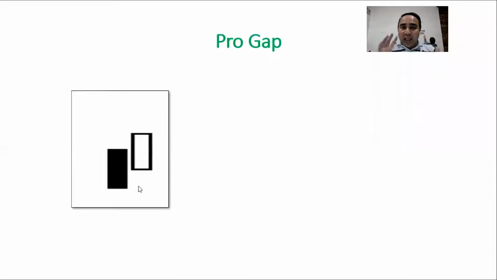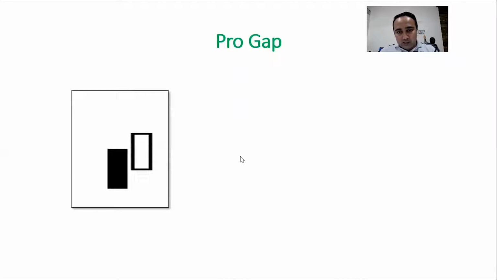Now there is no gap on the candlestick like the earlier one, like the Novice Gap, but there is a gap between the closing and the opening of the price, right? The closing is here and the opening is here. That means there's a gap between yesterday's close and today's open, but that gap cannot be seen, and that gap is called Pro Gap, gap by the professional, right?